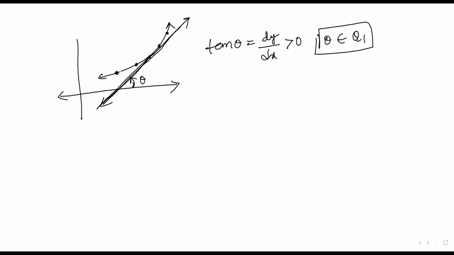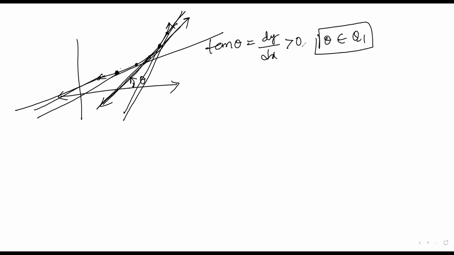If it is increasing, you can observe here, here also, and here also. Whatever point you take, theta is acute, and since it is increasing, tan theta is greater than 0.